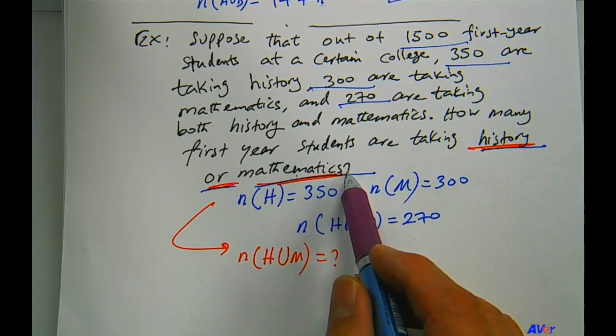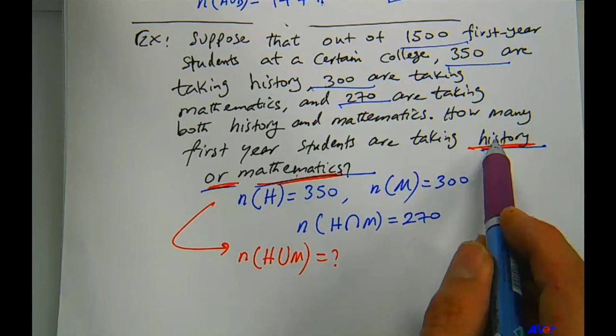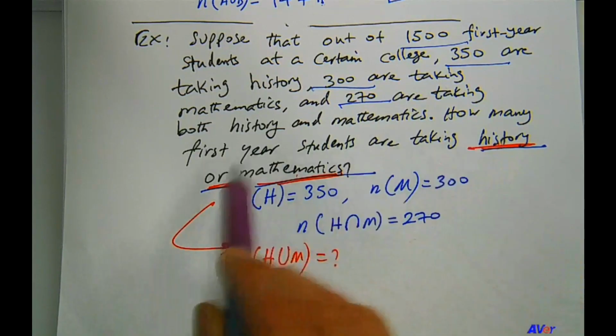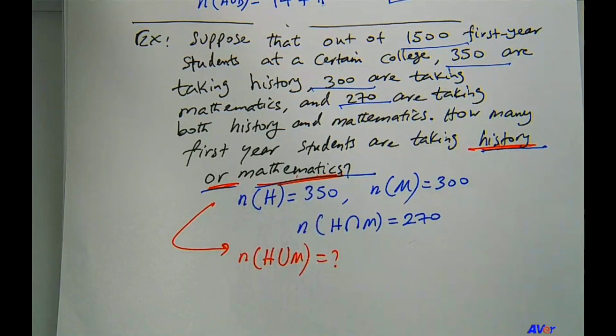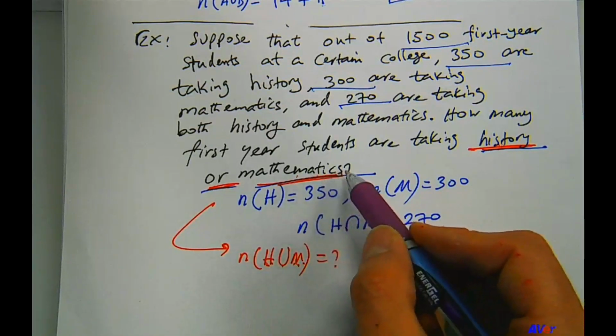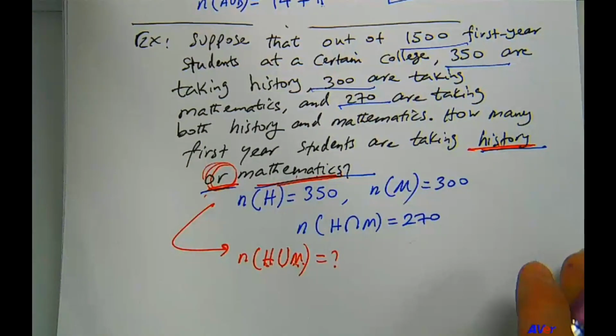So even though there is no phrase "or both," that is part of the notational interpretation of history or mathematics. So it's implied, it's not explicit. That's why we take history and/or mathematics, or history or mathematics or both. Okay, so "or both" is part of this phrase, this or that, in statistics.